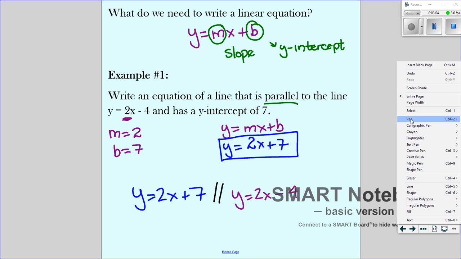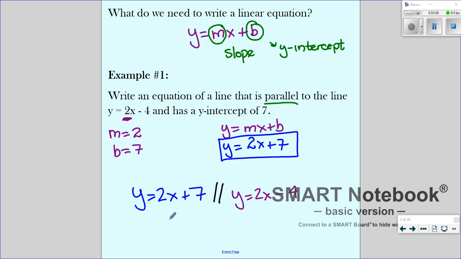And then I'm going to write a little information: same slope. So that's how you would do it. First thing you need to do is pay attention to what is given to you. And then the second is to determine whether you have to create a line that's going to be parallel or perpendicular.